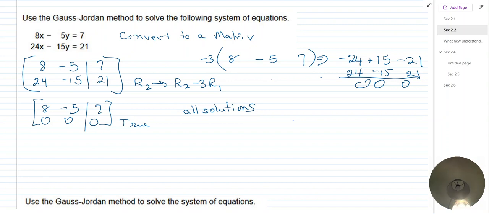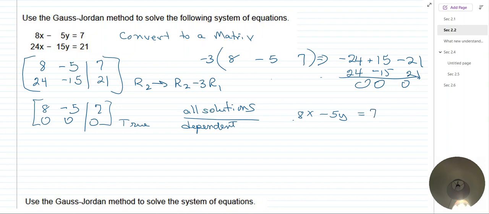And then you can state, because we said this, and it is dependent, we now take any one of them. So we can say 8x minus 5y equals 7.